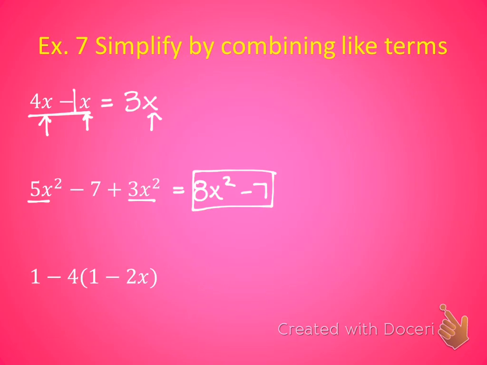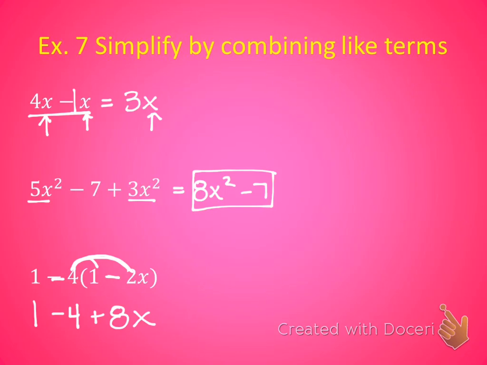Now, look at this problem right here. What do you see I have to do? We just learned about it a few examples ago and when I gave the candy illustration. Distributive property, exactly. I've got negative 4 times 1 and negative 4 times negative 2x. So I leave my 1 here. What's negative 4 times 1? Negative 4. What is negative 4 times negative 2x?